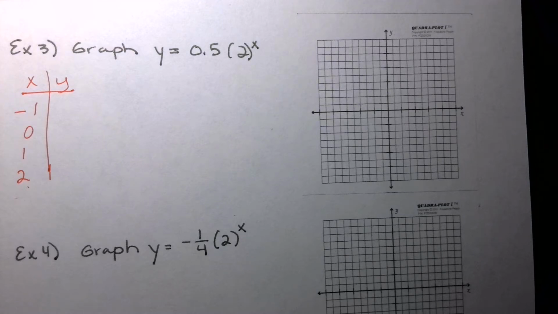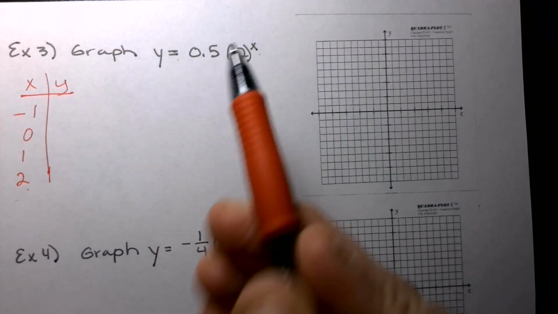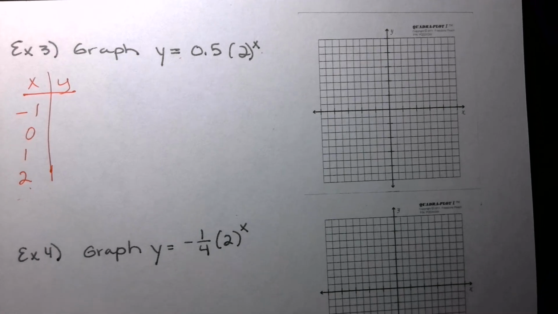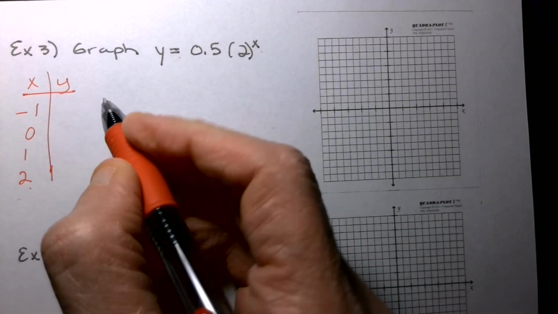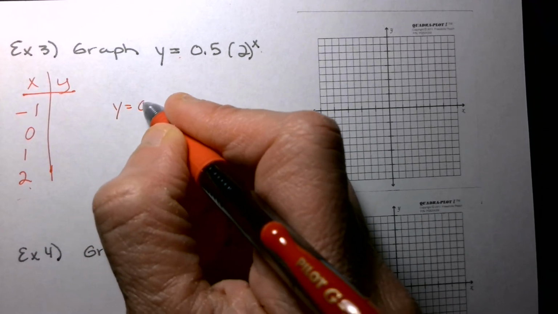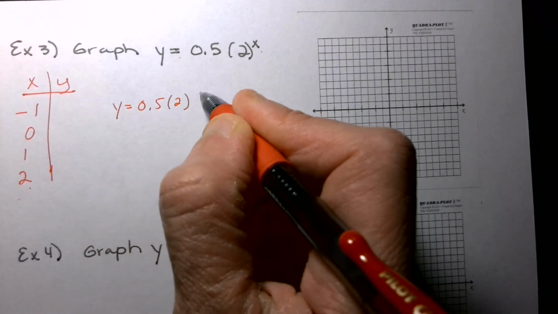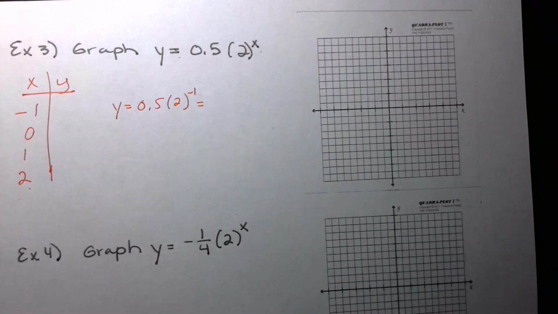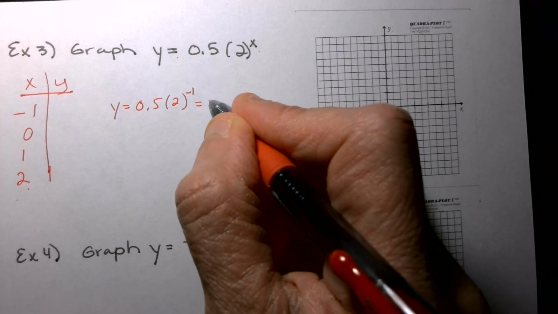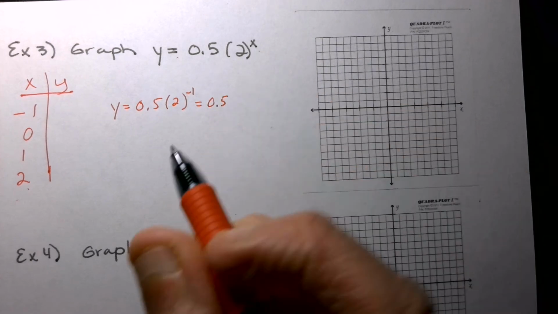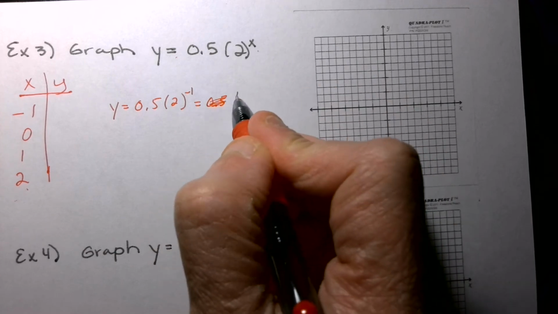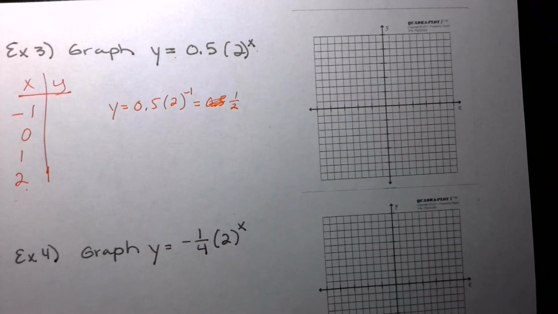And remember, we're picking the x's, but now we've got to plug them into our equation here and find out what our y's are. So I'm going to go ahead and do my work right next to the problem. So I have y equals 0.5 times 2 raised to the x, which in this case is -1. Well, this is good for you guys to remember with a negative power. First of all, the 0.5 doesn't go anywhere. Actually, I'm going to write that as 1/2, because 0.5 is a half.